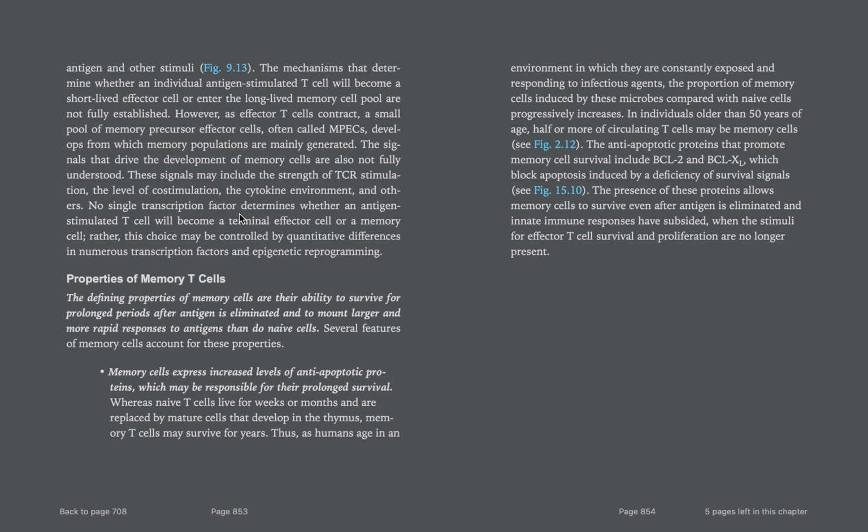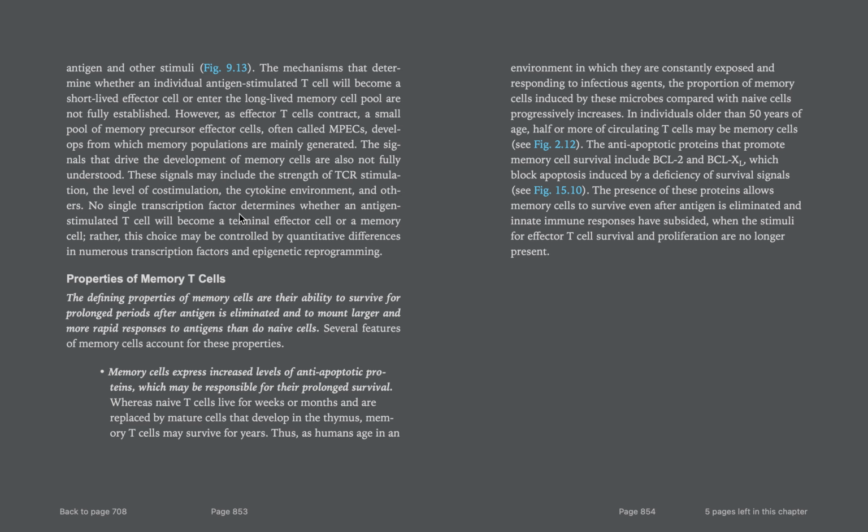Thus, as a human ages in an environment in which they are constantly exposed and responding to infectious agents, the proportion of memory cells induced by these microbes compared with naive cells progressively increases. In individuals older than 50 years, half or more of circulating T cells may be memory cells.